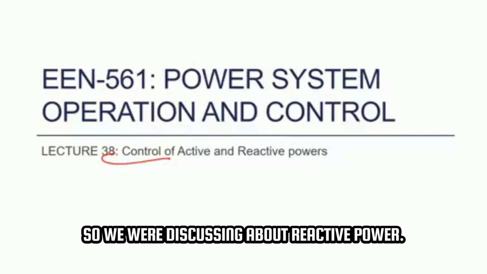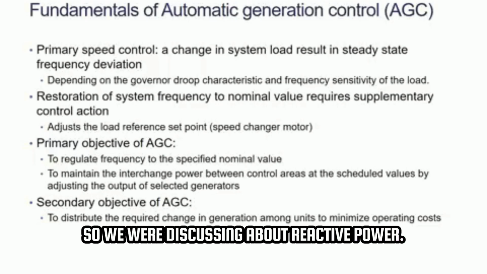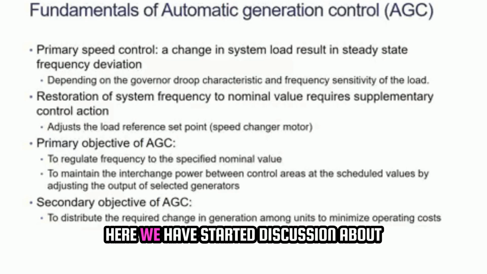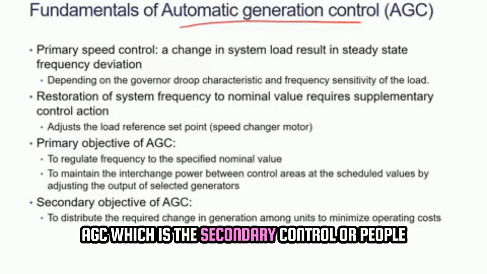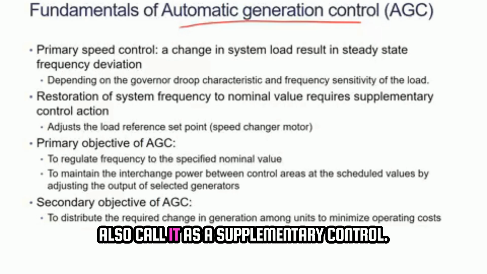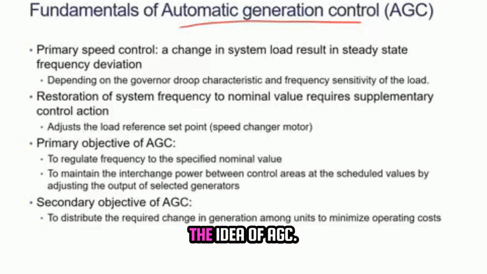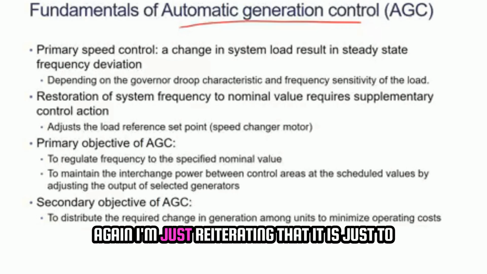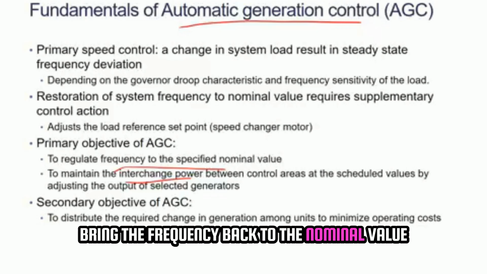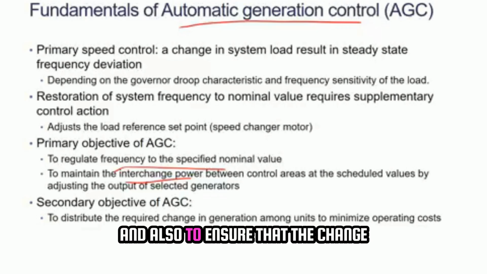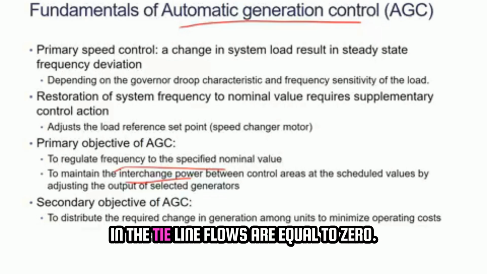We were discussing active and reactive power. Here we have started discussion about AGC, which is the secondary control, or people also call it supplementary control. The idea of AGC, again I'm reiterating, is to bring the frequency back to the nominal value, and also to ensure that the change in the tie line flows is equal to zero.